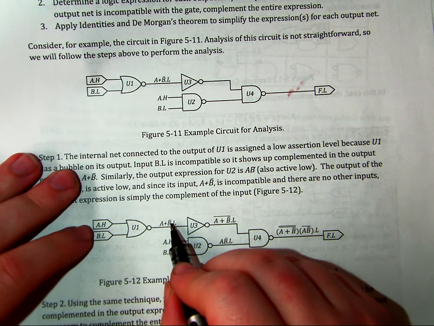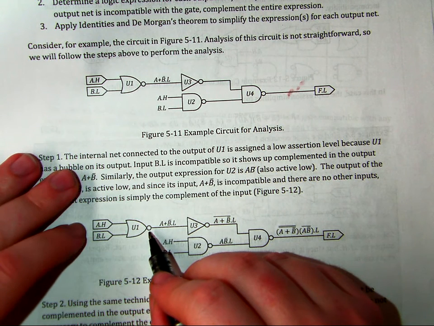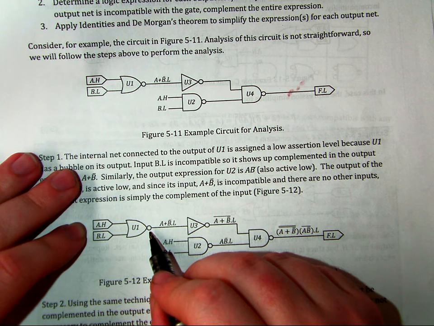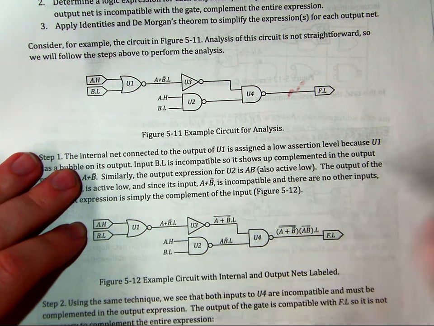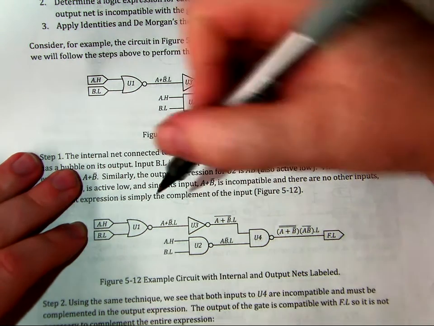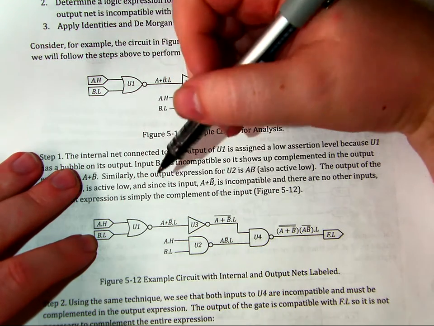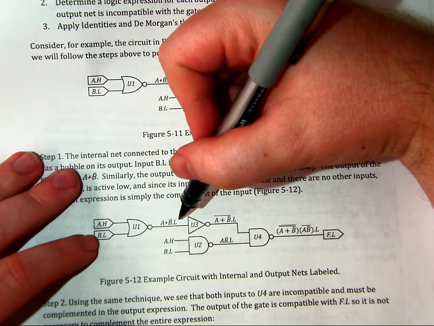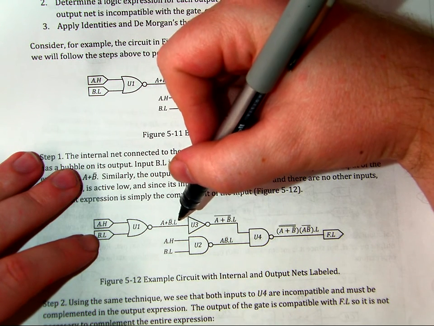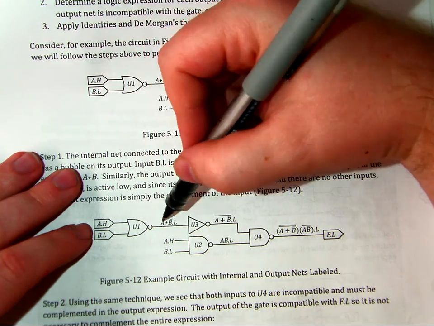But there's an inverter here. That seems a little bit odd, doesn't it? Because you have B low tracing through, and they've written it as B bar low. And A traces through and stays A.